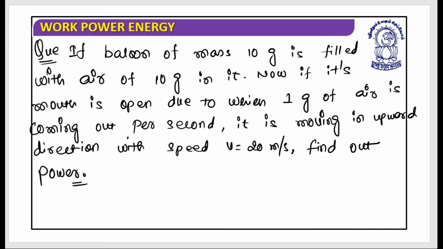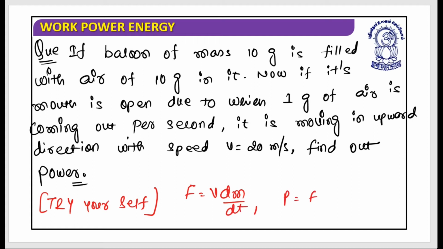Yes, so try it yourself. I can give you the hint that this is a variable mass system, and in the case of a variable mass system, we can have F is equal to V dm by dt, and then P is equal to F dot V. I hope this is clear. Done? Well done. Great.